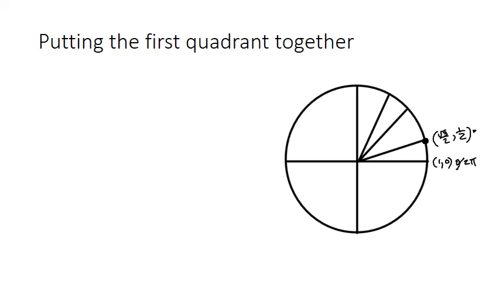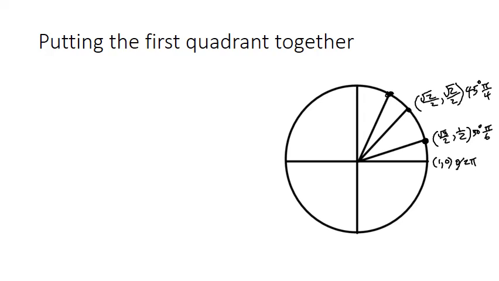This is, of course, 30 degrees or pi over 6 radians. The next point here is at 45 degrees. For that particular reference angle, we had radical 2 over 2 and radical 2 over 2. Again, the angle was 45 degrees, which we found out was pi over 4.